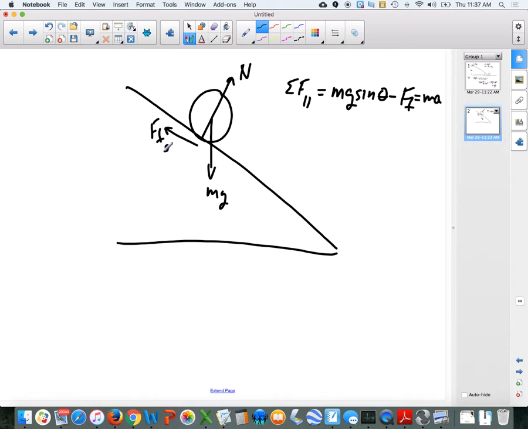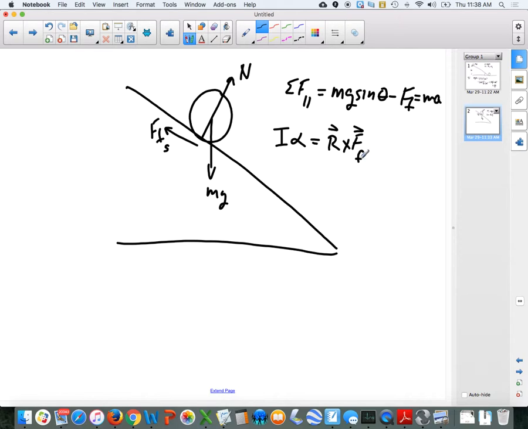This mass has translational acceleration, but it also has angular acceleration. So I can certainly write I alpha is r cross F, and the F in this equation is going to be the force of friction.